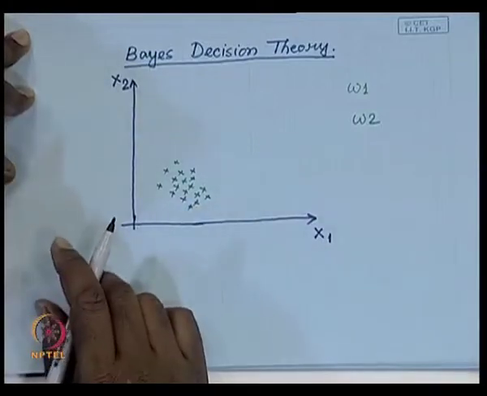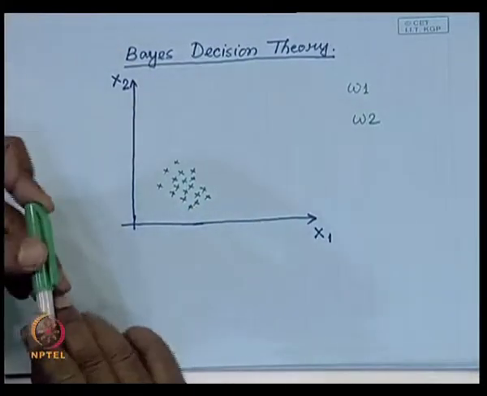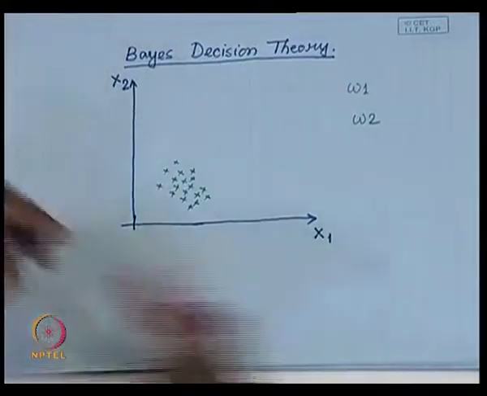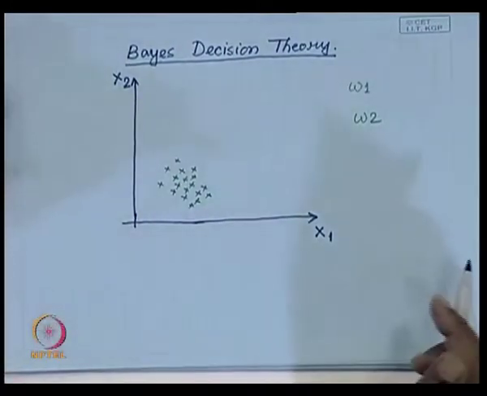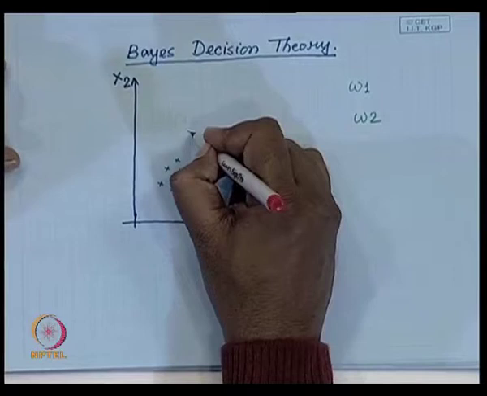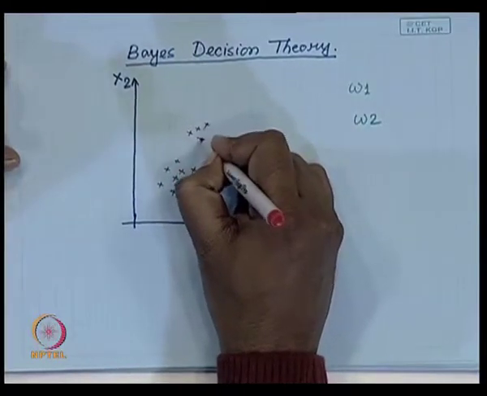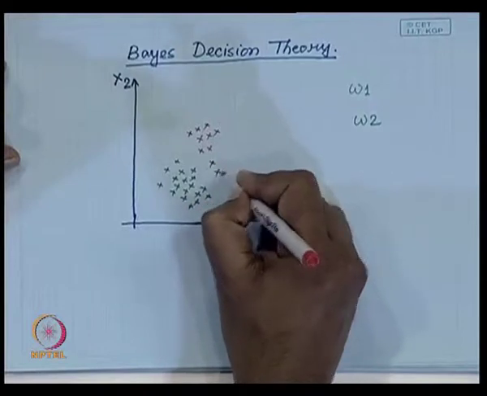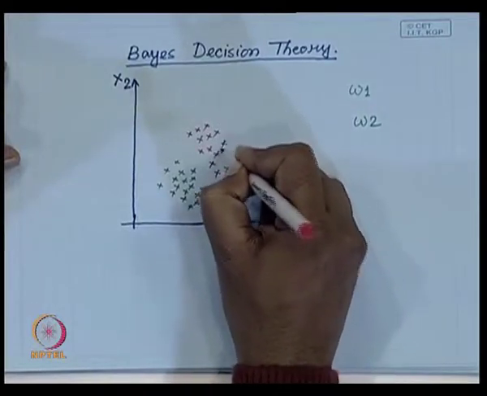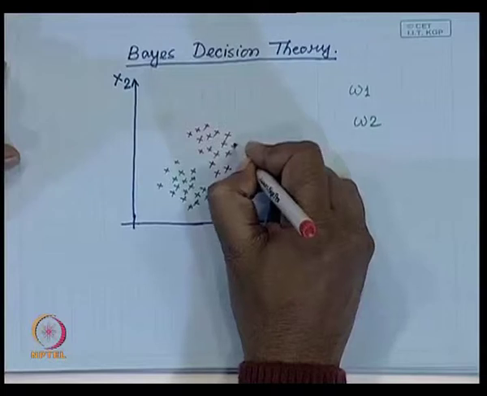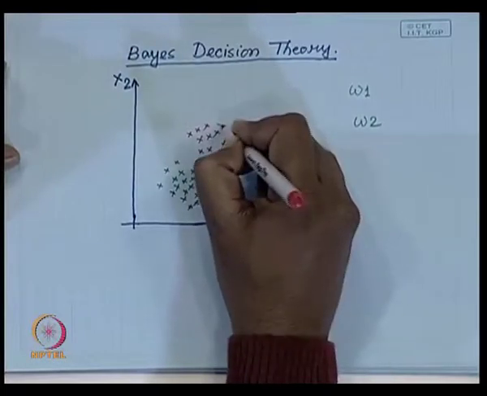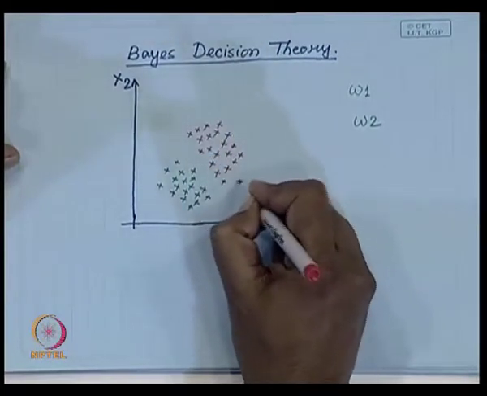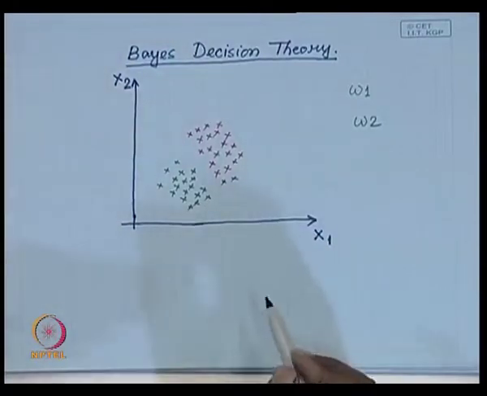Okay. Similarly, all the patterns belonging to class omega 2 may also be mapped to points or point clouds, something like this. Okay.